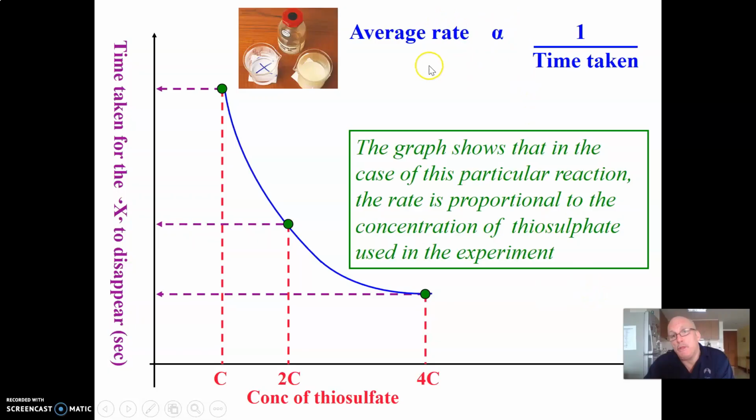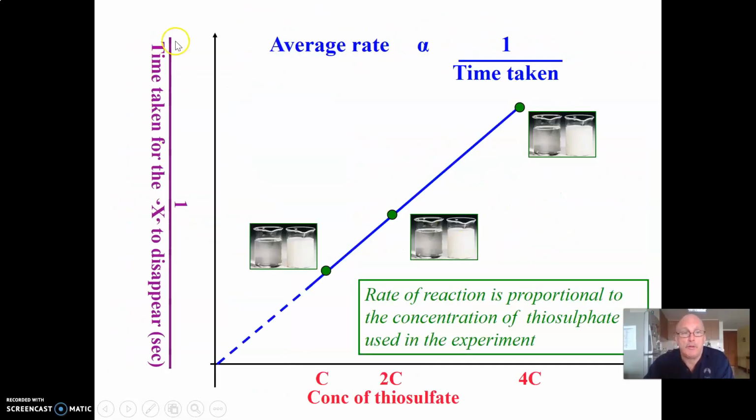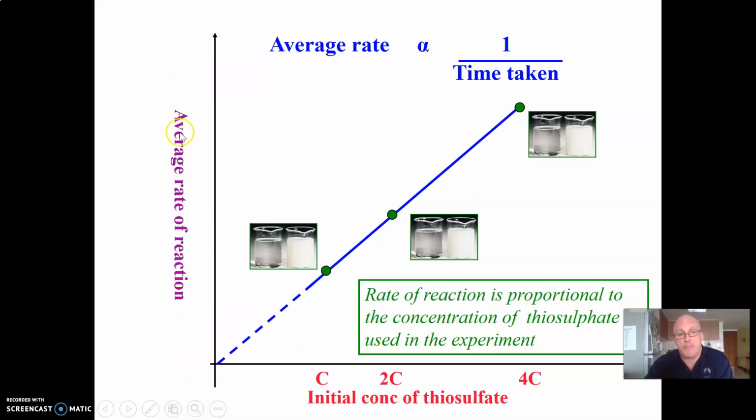And since we've got this blue equation here, average rate is inversely proportional to time, we can put 1 over time here, which is effectively a measure of rate. So I can put rate of reaction there, and you can see the rate of reaction is proportional to the concentration of thio. That was a little bit advanced for GCSE, but it's quite normal for IB.